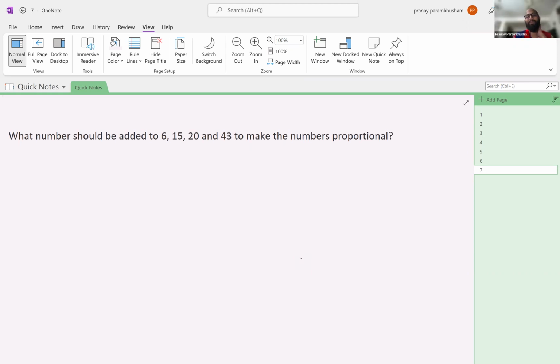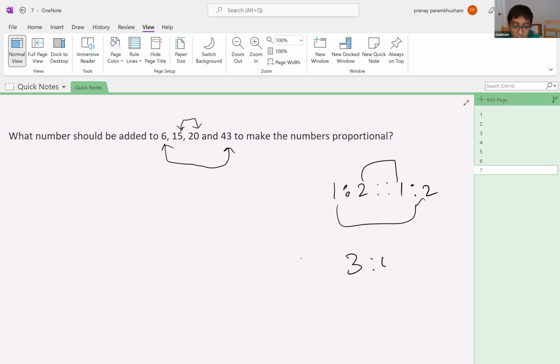Okay. See, they should be in proportion, right? So usually in proportion, when you multiply the extremes and when you multiply these two, it should be same. See here, 1:2 proportion 1:2. You multiply 2 with 1 and 1 with 2. You get the same? Let's say 3:4 is proportion to 3:4. It's the same? So it should be here also the same.